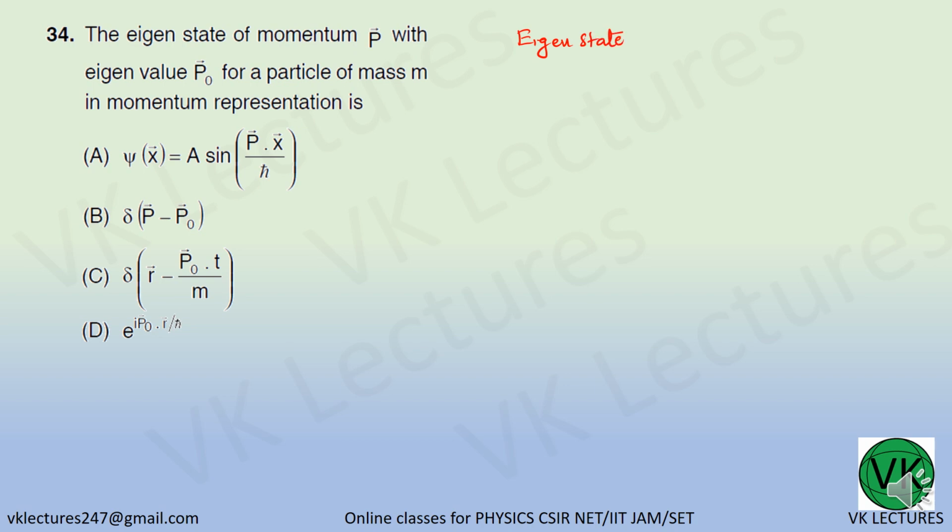Let's write it as psi of p with respect to the momentum, and the operator p is the momentum operator. And similarly we also are given the eigenvalue, which is p naught.